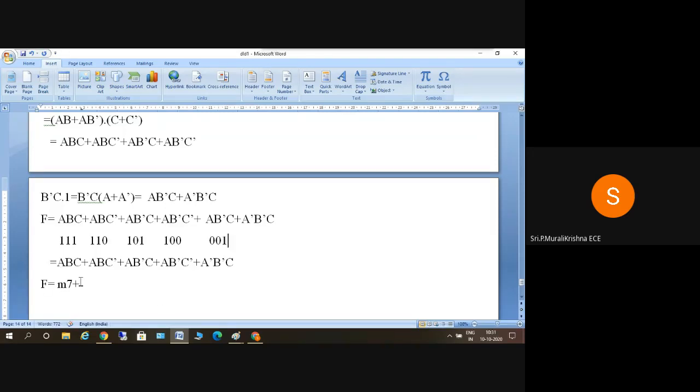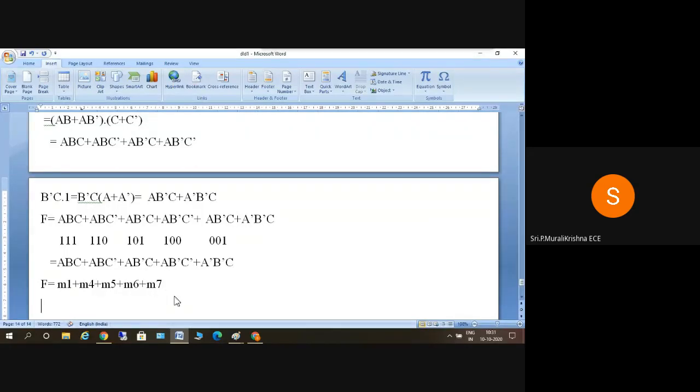If I write it in ascending order, 0, 0, 1 is called M1, and the others available are M4 100, plus M5 101, plus M6 110, plus M7 111. So there is a sum of min terms here.